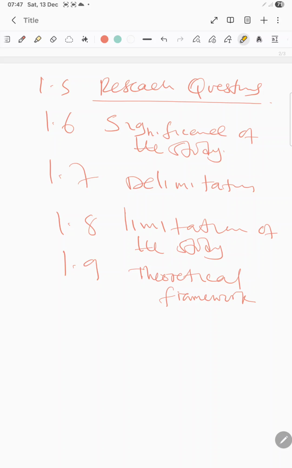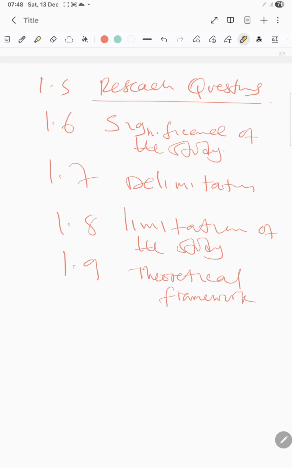We can bring a theory which was discovered by a scholar, and it will explain what that particular topic is. If you're looking at HIV and AIDS, there are theories that explain that topic fully so that it is well understood. So that is what we call a theoretical framework. It is a theory which explains a certain concept fully so that it is well understood.